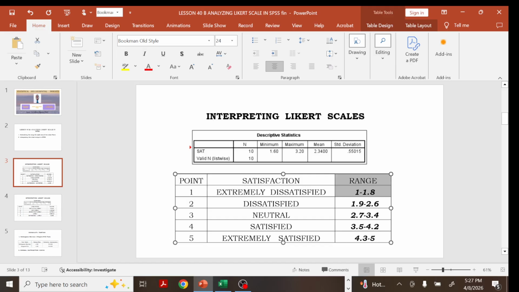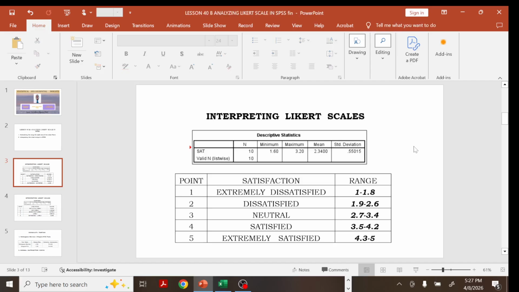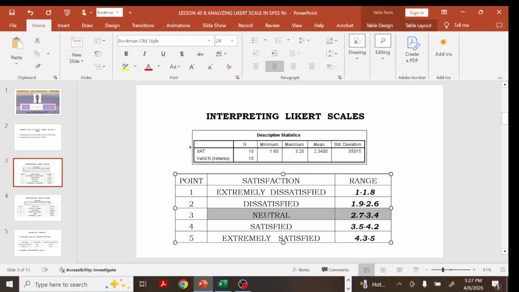Then you come to the next one, which is the maximum, and the maximum is 3.20. So the maximum 3.2 falls between 2.7 and 3.4. It is neutral, and this one is the maximum. So what is the explanation for that?